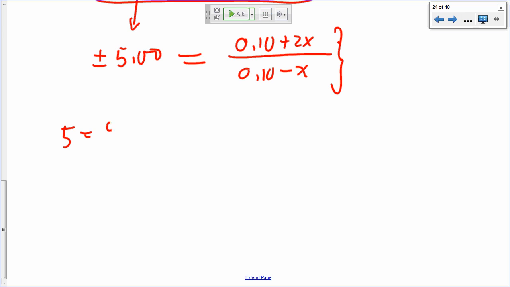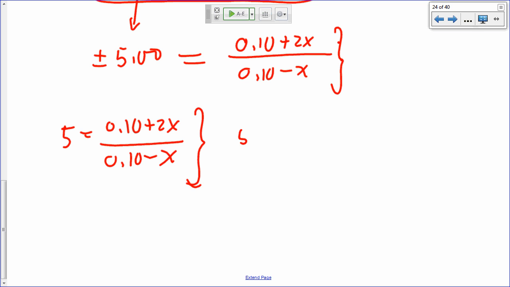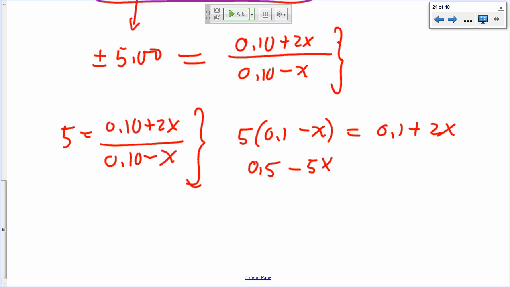Let's try 5. Okay? 5 equals 0.10 plus 2x over 0.10 minus x. How would I solve this? 5 times 0.1 minus x equals 0.1 plus 2x. So that's 0.5 minus 5x equals 0.1 plus 2x. Add 5x to both sides. I have 0.5 equals 0.1 plus 7x, right?